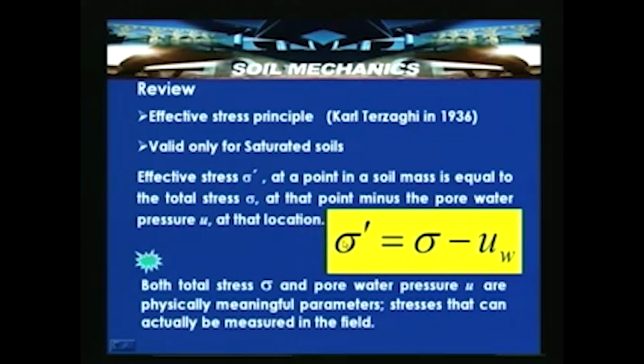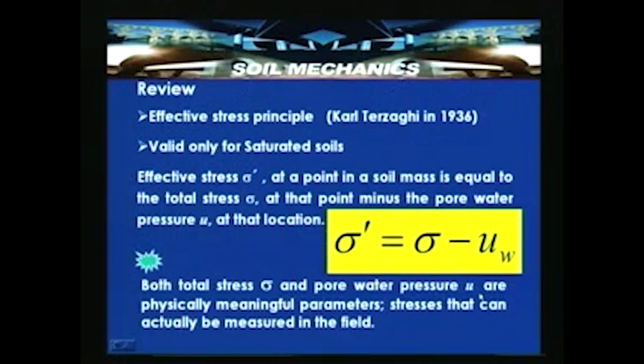So, sigma dash is equal to sigma minus uw. We also discussed how to determine sigma, that is total stress, in the case of homogeneous soils as well as stratified soil deposits, and uw is the pore water pressure.